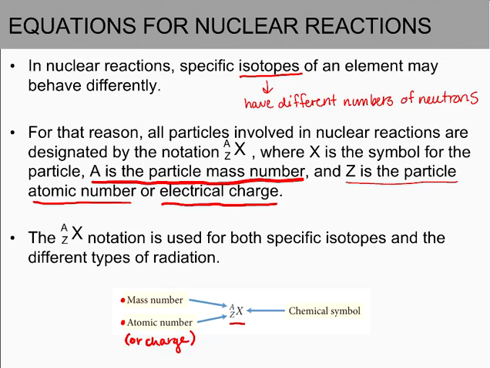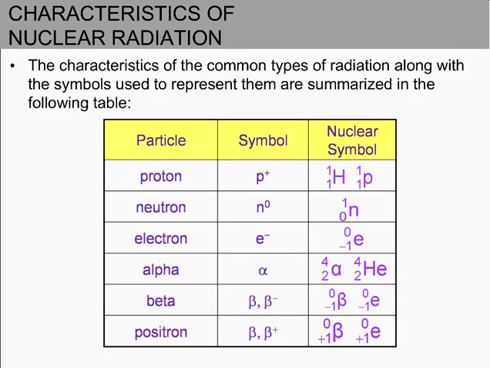All right, let's go back a slide and look at the different types of particles that we might see in nuclear reactions. Let's start with the proton. Remember from a really long time ago when we were learning about subatomic particles, we said that we could use the symbol P+ to represent a proton. But we could also represent a proton in isotopic form.